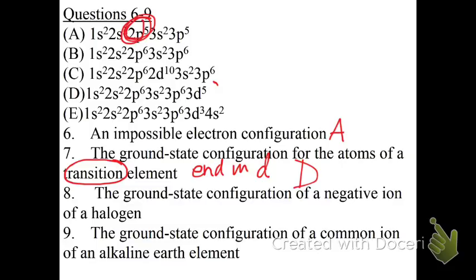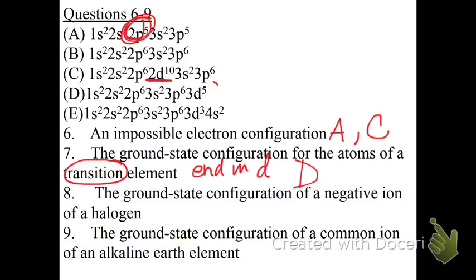The ground state configuration of a negative ion of a halogen. Okay, so that means, oh, I found another one that's an impossible configuration. I just realized there were 2 on there. Go back to number 6. There's an impossible electron configuration. Which is it? You see it? And that is C, because there is no such thing as a 2d.